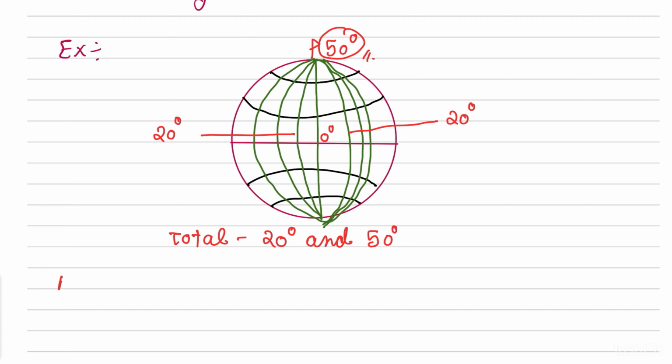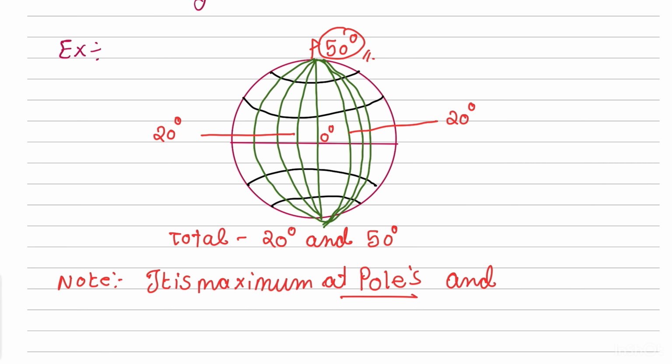Now take this note and keep it in your books or somewhere else, and if you have your calculator, bring it because we will do some numericals for your good understanding. It is maximum at the poles and minimum at the equator.